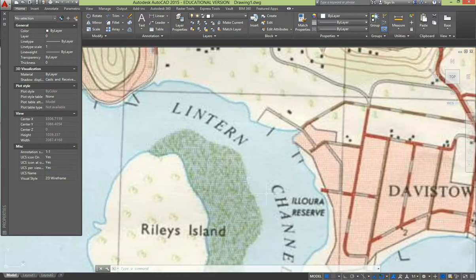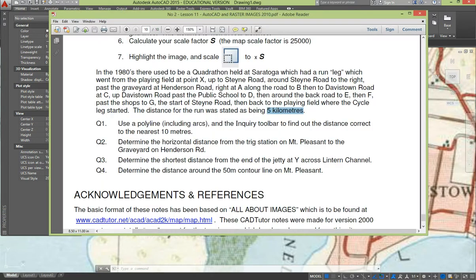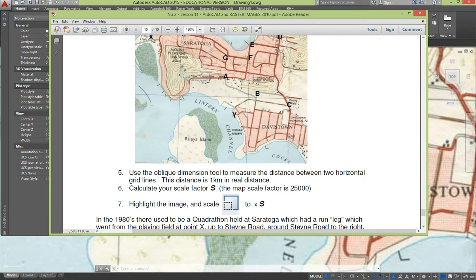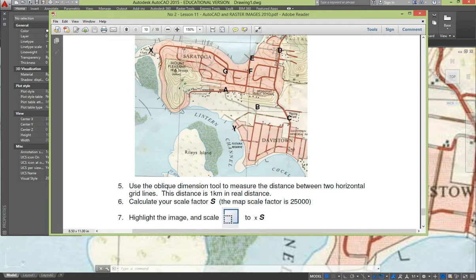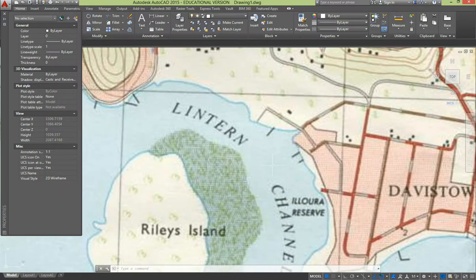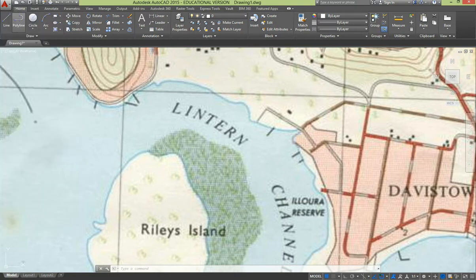So the jetty, we'll have to look at this diagram here, Y. It looks like, to me, it's the second jetty, which would be this longer one here. So what I'm going to do is just draw a circle from that point, the end of the jetty, out till we hit Riley's Island.